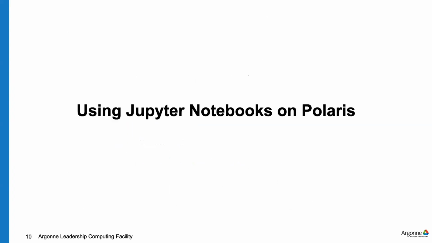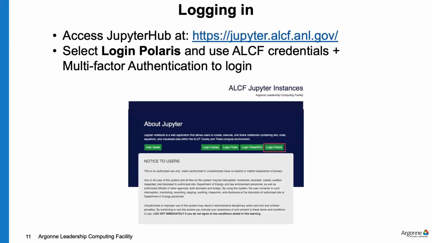Okay, so now that I've discussed using Python on the machine itself, many of you are probably more comfortable using Jupyter Notebooks. And those are available at ALCF as well. To access the JupyterHub, you can just access it right here at this website.